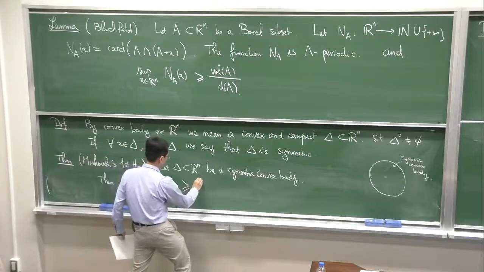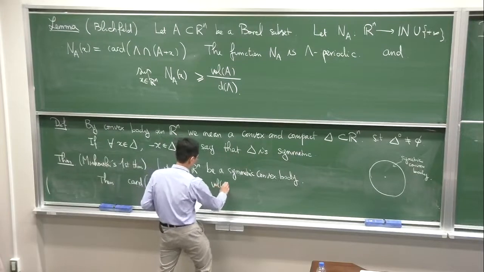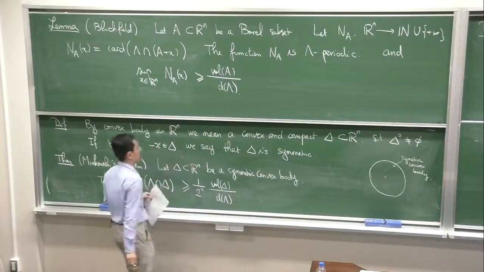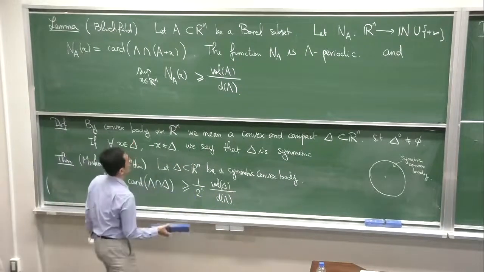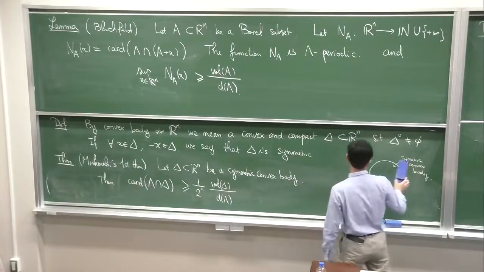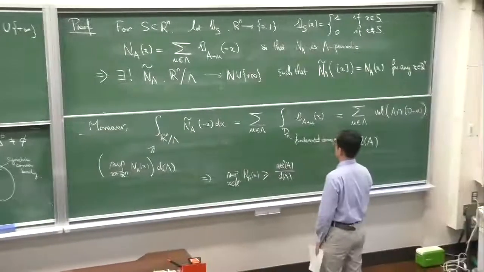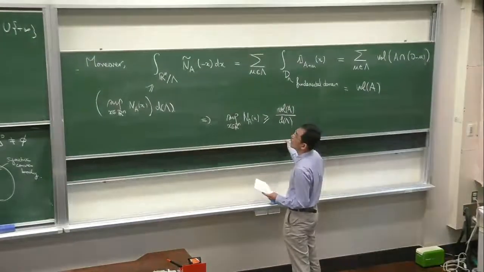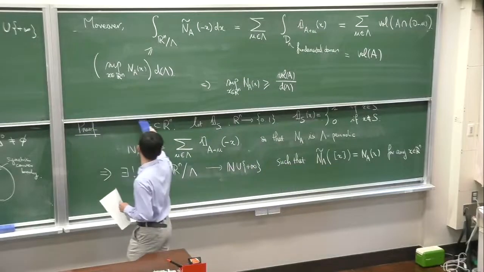This is bounded from below by 1 over 2^n times the volume of the convex body divided by d(Lambda). You have some coefficient here because you are not expected to move your convex body. I will explain the proof.